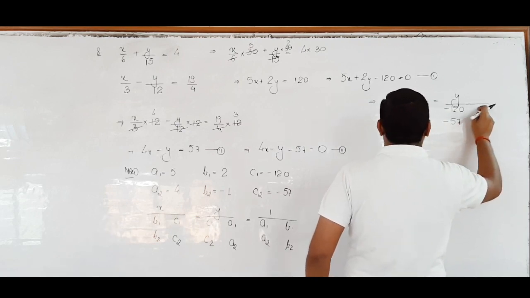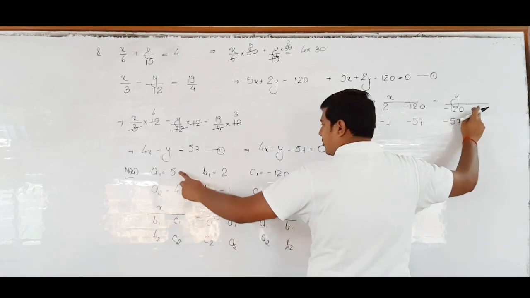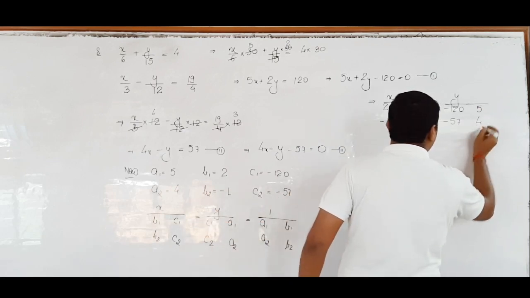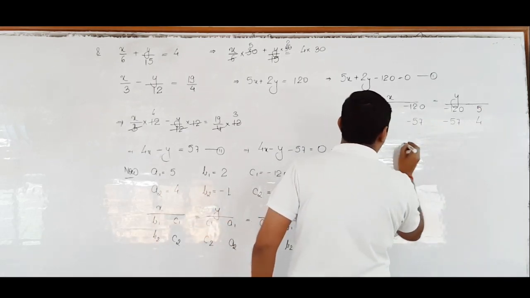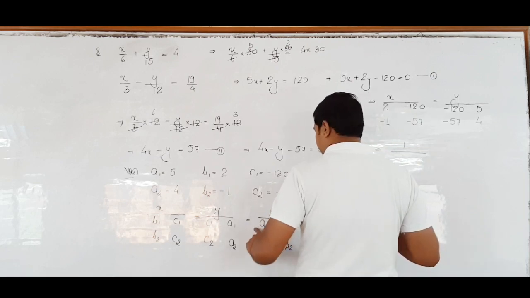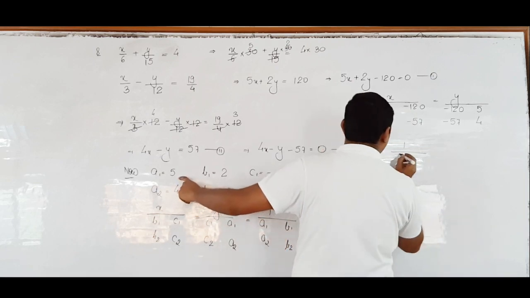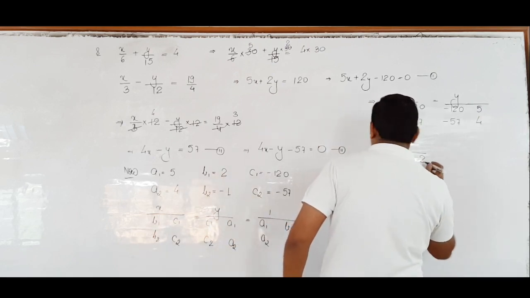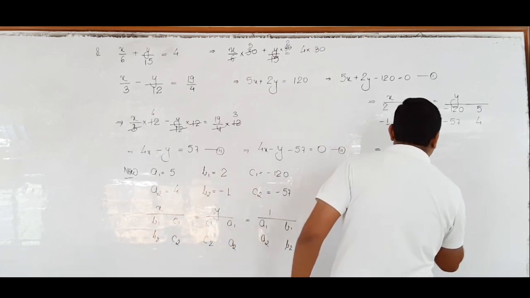Now we write A1, A2. A1 is 5 and A2 is 4. Now, 1 by A1 is 5 and A2 is 4, B1 is 2 and B2 is minus 1.